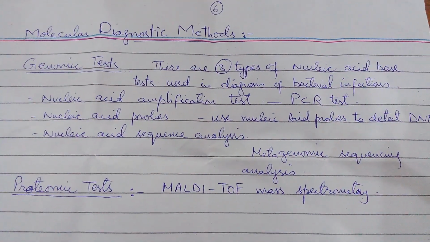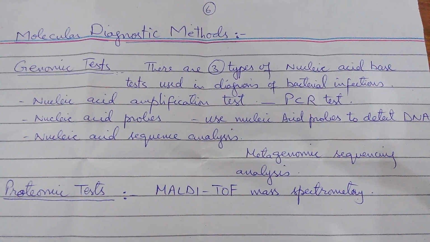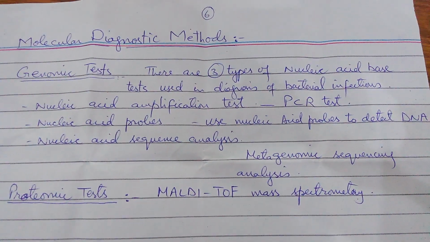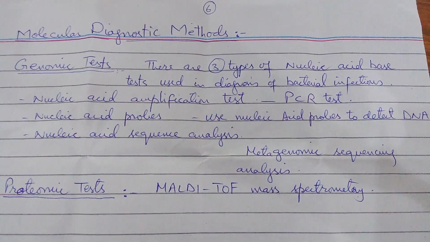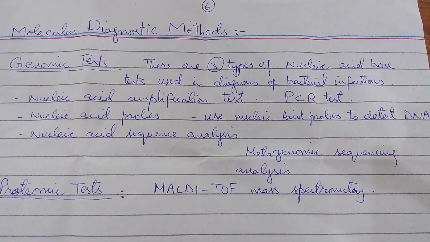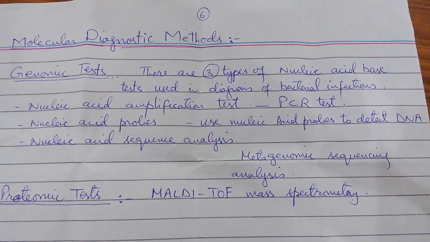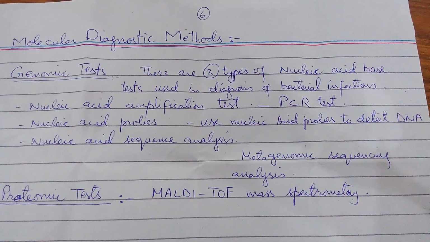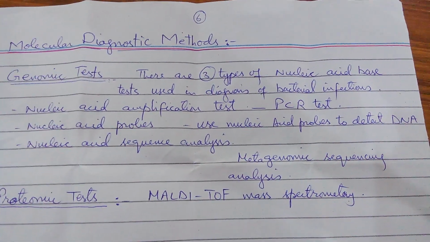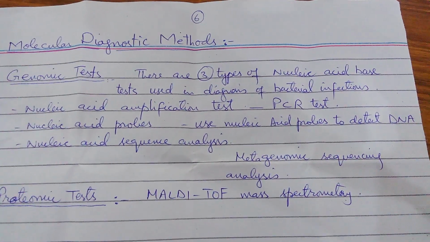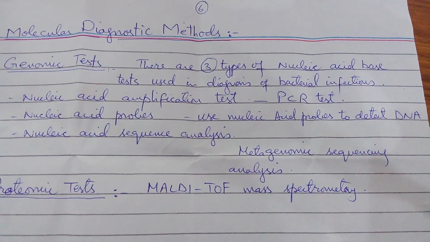Students, next methods are molecular diagnostic methods. In molecular diagnostic methods, we have genomic tests. There are three types of genomic tests. Number one, nucleic acid amplification test, commonly called PCR test.